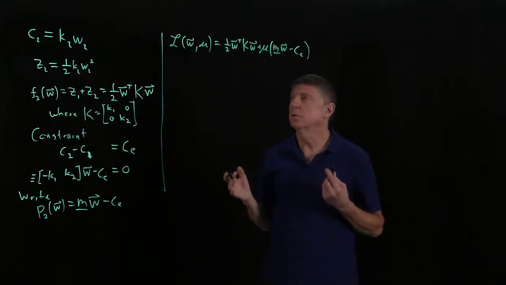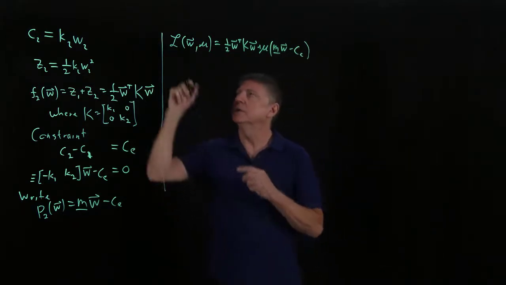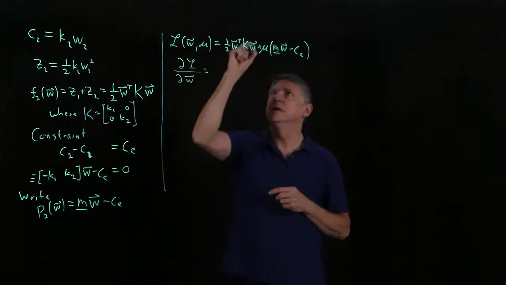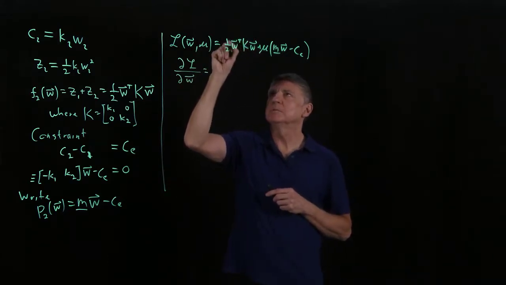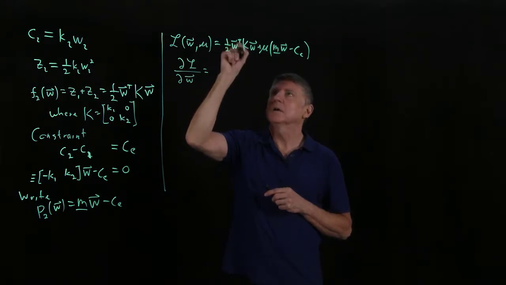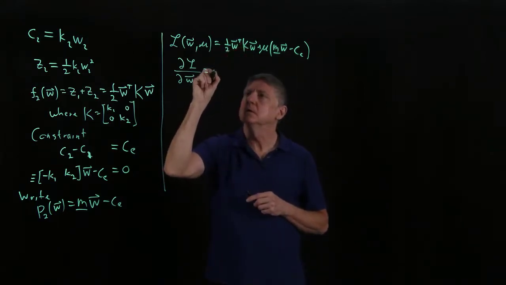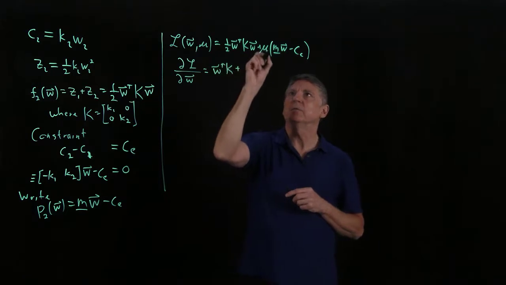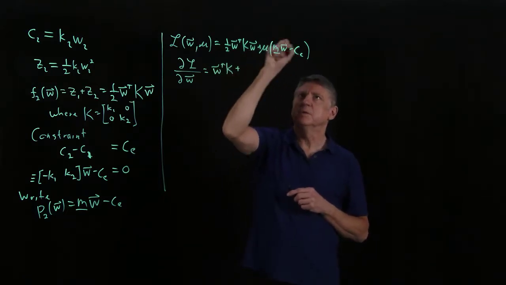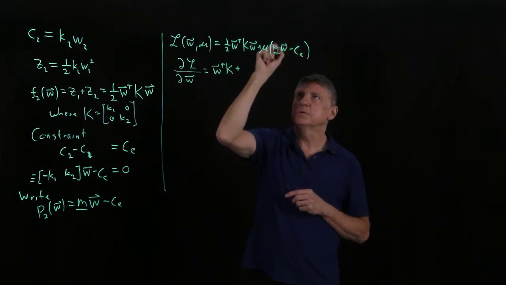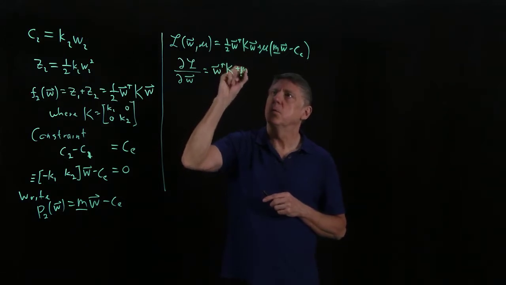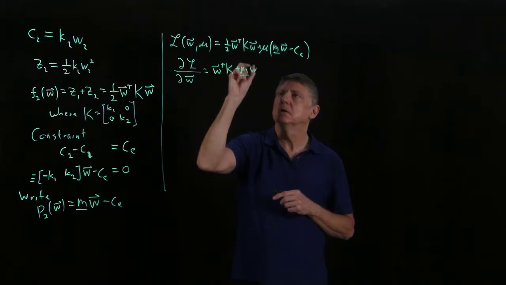And as before, what I do is I differentiate this. The derivative with respect to W: the 2 and the 1/2 cancel, giving W transpose times K, plus the derivative of mu times the external force with respect to W, which is plus the 1 form times mu.